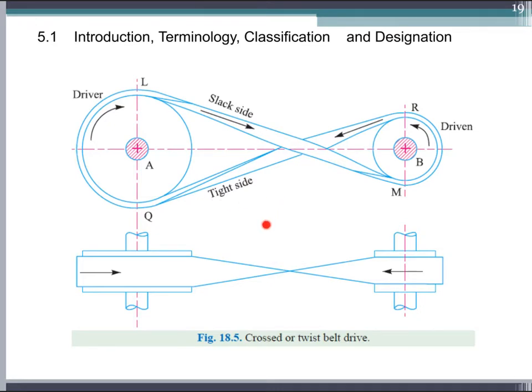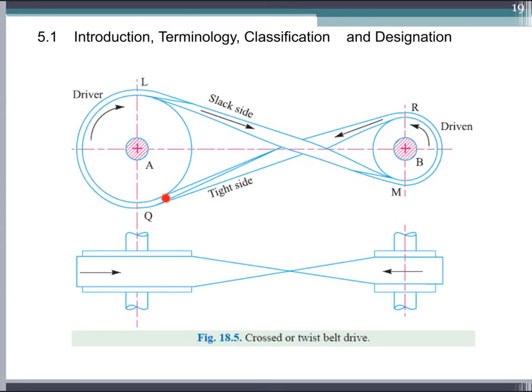In this figure, the driver pulley is located on the left side and rotates clockwise. When it rotates clockwise, we know that the first contact between the driver pulley and the belt happens at point Q. This is the contact point between the driver and the belt, the section where the driver will pull the belt.